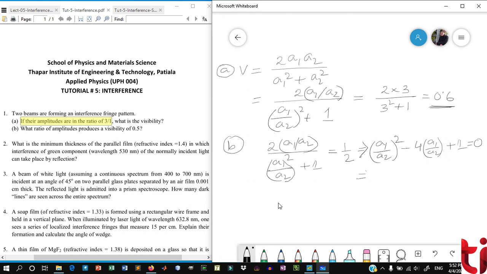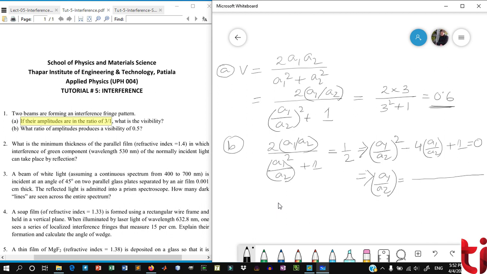We get to this expression, right? Now this is in the form of a quadratic equation. For this, a1 by a2 is our variable. So a1 by a2 must be given by the quadratic solution, right?